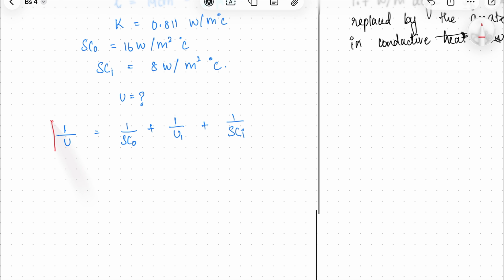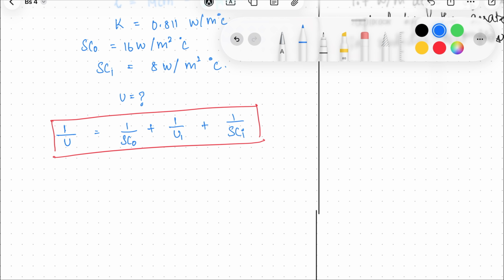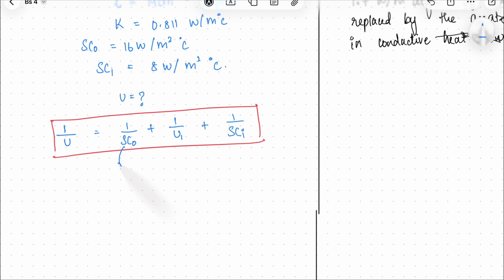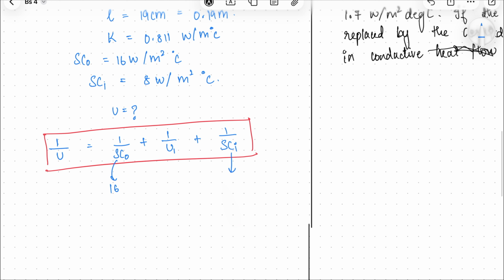This is the formula that we use. Now here they have given SC0 to be 16, and SCI, the surface conductance of the inner layer, to be 8, and we have to find the U value of the total wall.